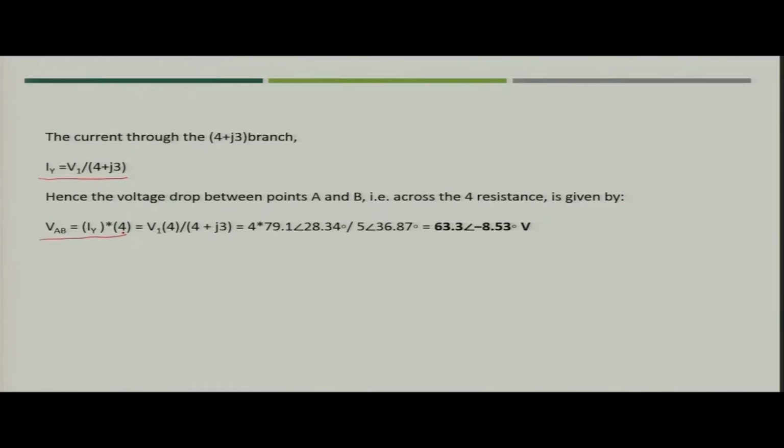So, what will be VAB? IY into 4, that is the resistance. So, you will simply put the value of IY, that is V1 upon 4 plus J3.